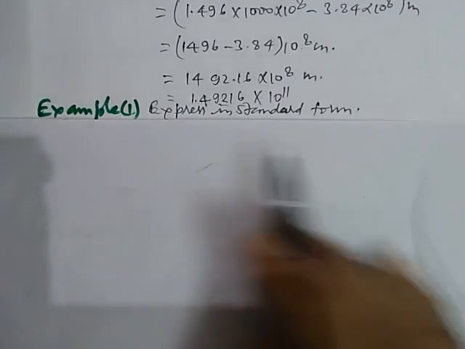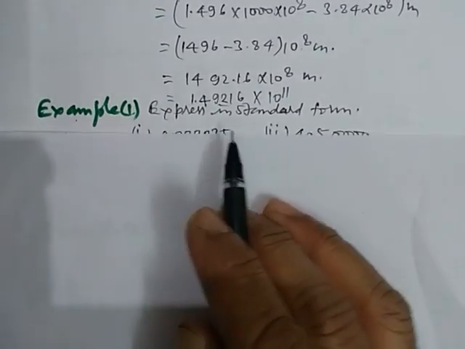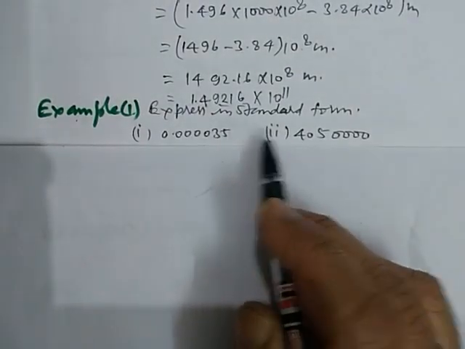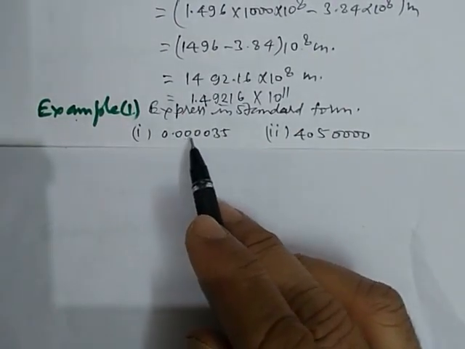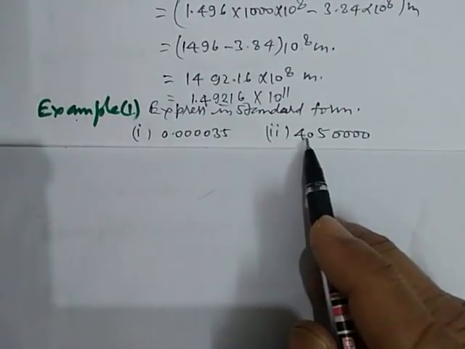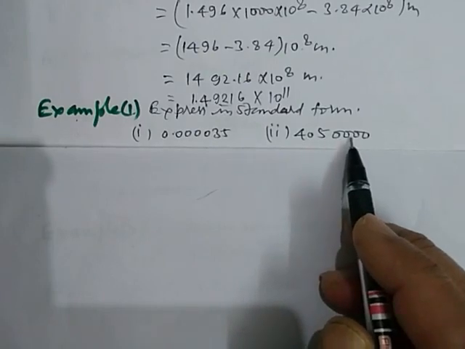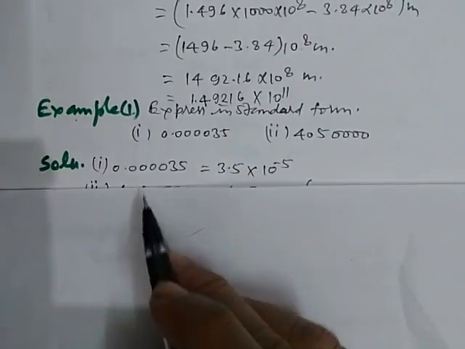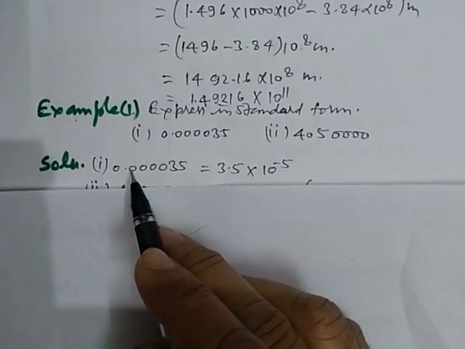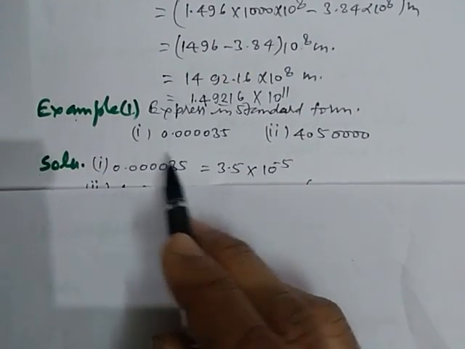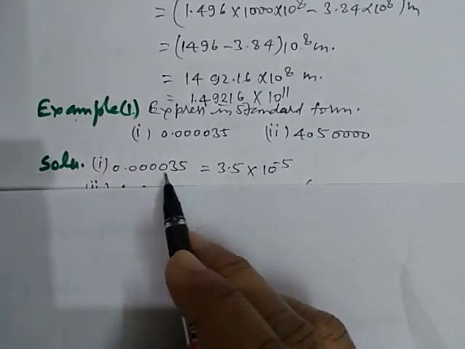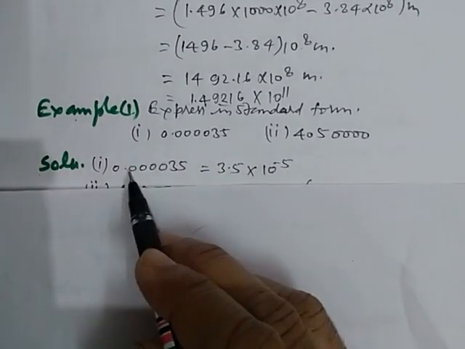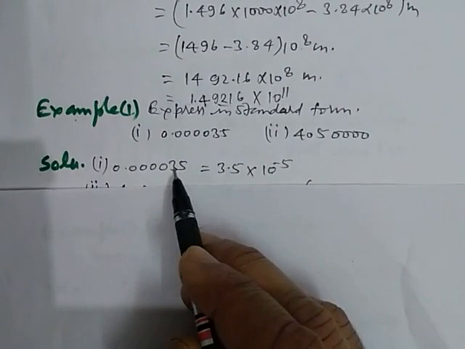Now we take some examples. Express in standard form. This is our first example: 0.00034 and 4050000. When we shift the decimal here, just count the digits: 1, 2, 3, 4, 5.